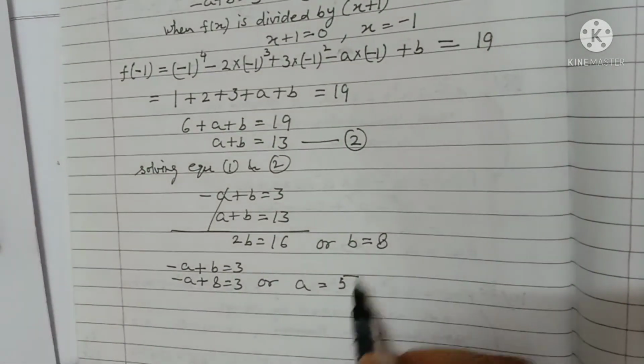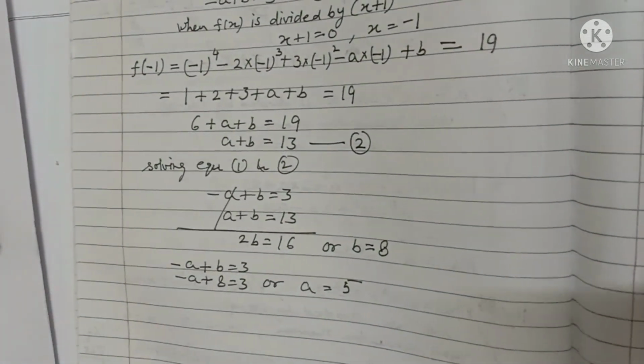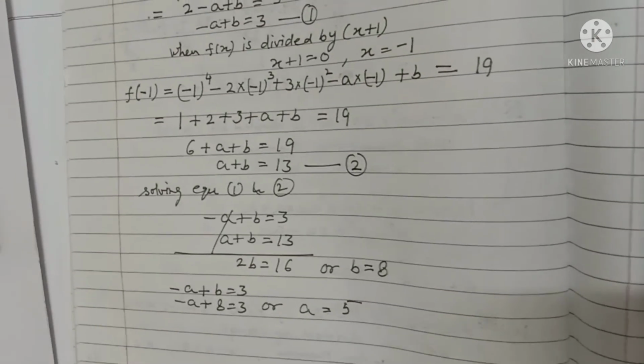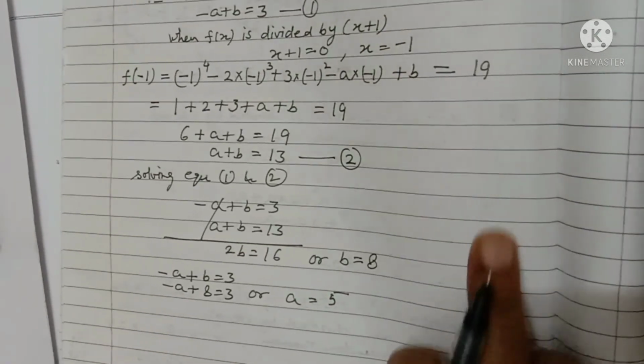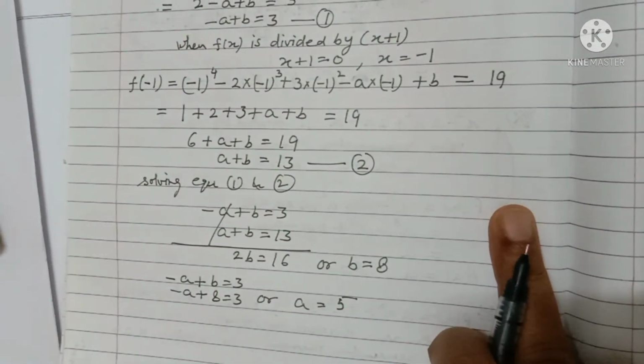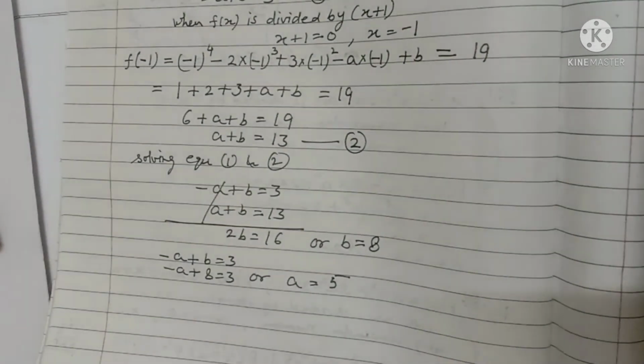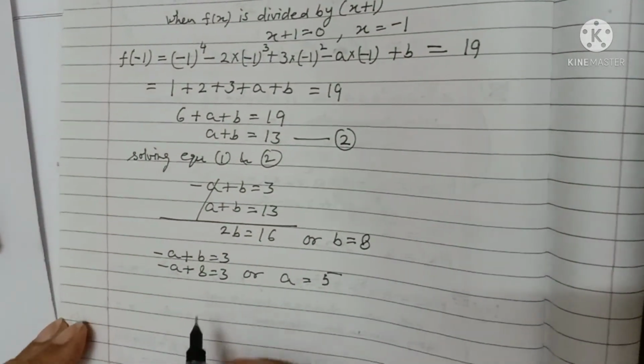Now substitute these values in the given polynomial, so you will get the polynomial in variable x and constants.